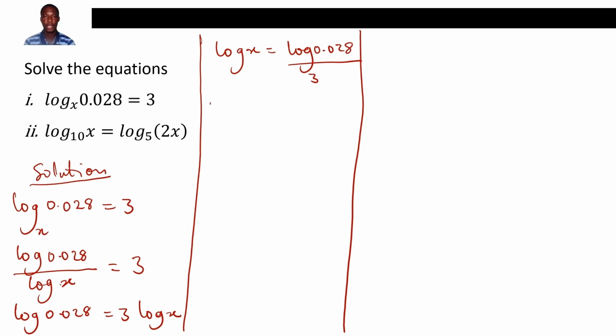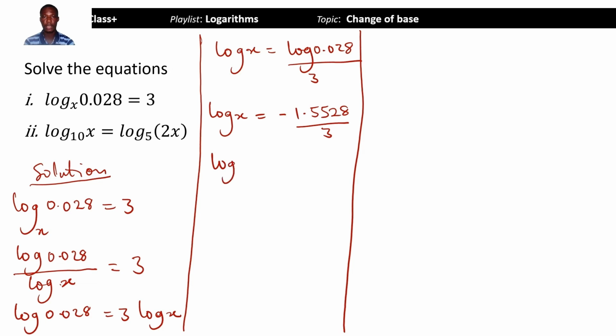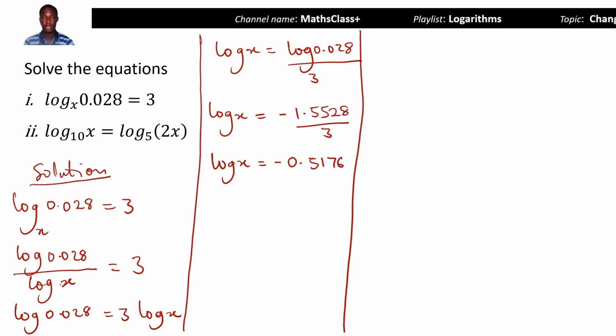And this gives me log x is equal to negative 1.5528 divided by 3, which gives me log x is equal to negative 0.5176.